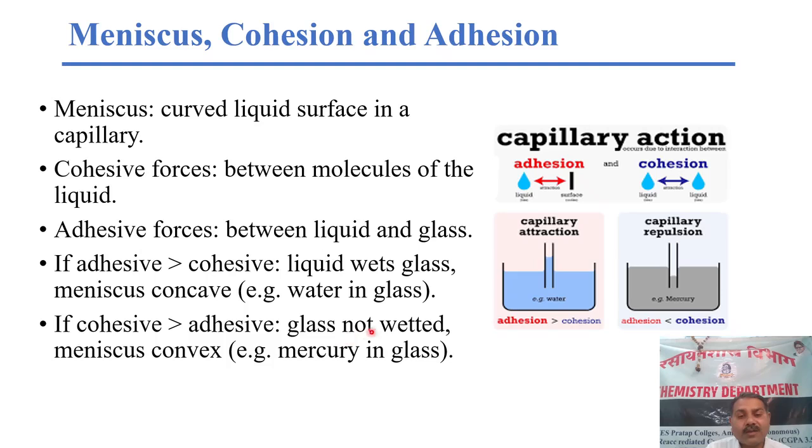Therefore we observe the convex meniscus. The glass is not wetted, meaning the liquid does not migrate toward the glass surface, so the molecules remain in close contact with one another. That's why they are not attracted toward the glass surface, and therefore the meniscus is convex. For example, mercury in glass.